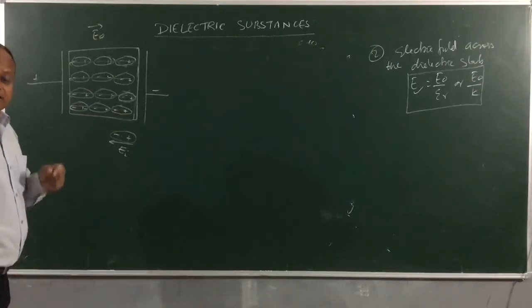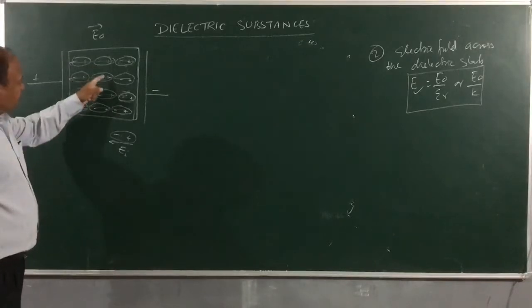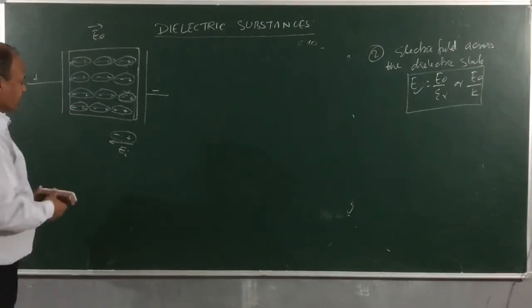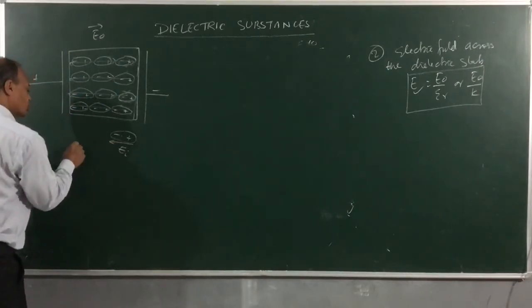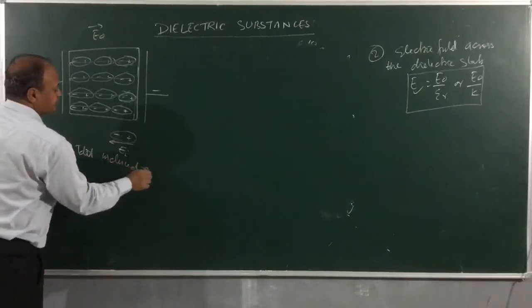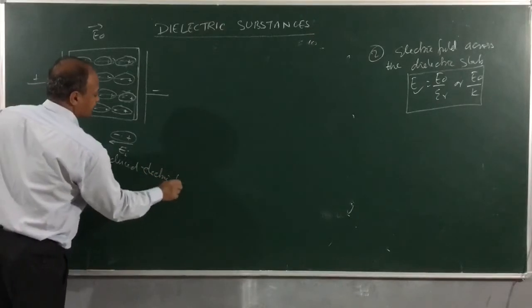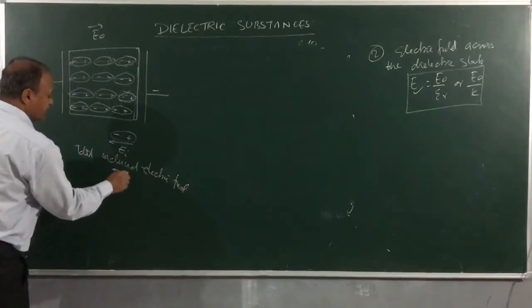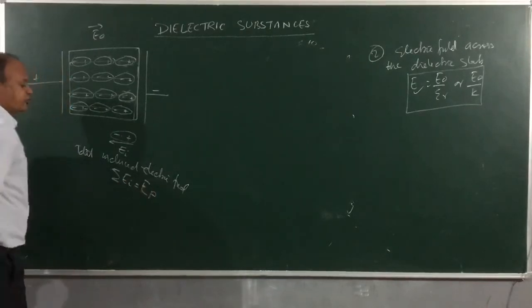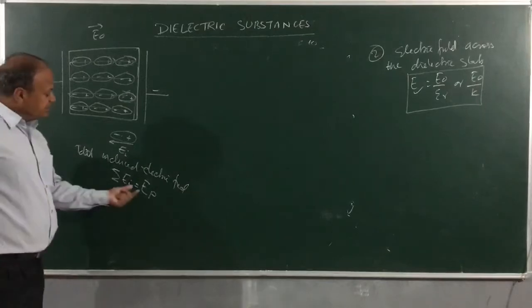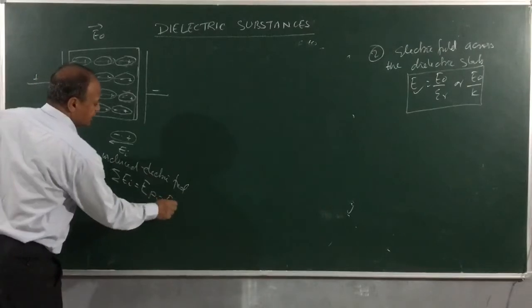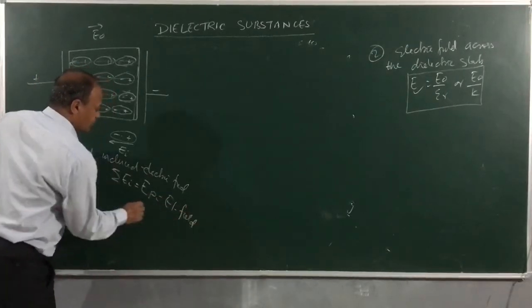Unlike a metal, unlike a conductor, when I add up all these electric fields, children, it will always be less than E naught. If I add up the total induced electric field, sigma E i, I will denote it by E P, where E P is the electric field due to polarization.